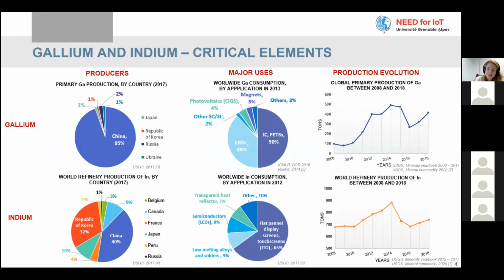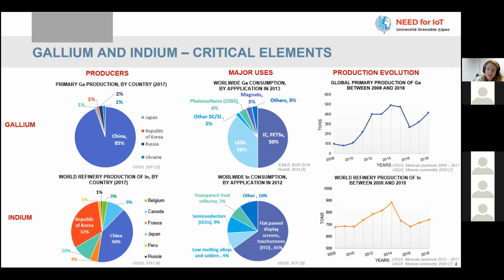So why are gallium and indium considered as critical? Both are byproducts, which means that it's more difficult to extract them from the mines, and you have more steps in the production. That leads to a small number of producers in the world, especially for gallium.